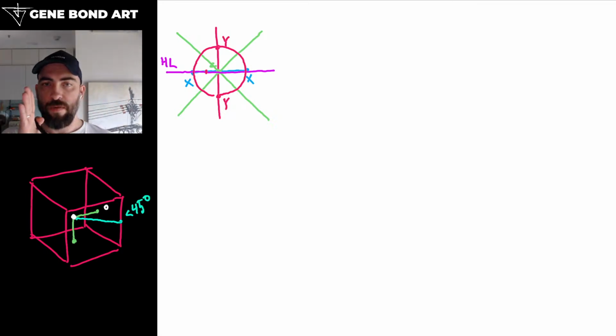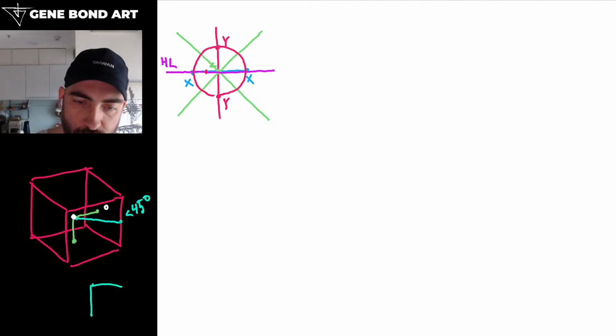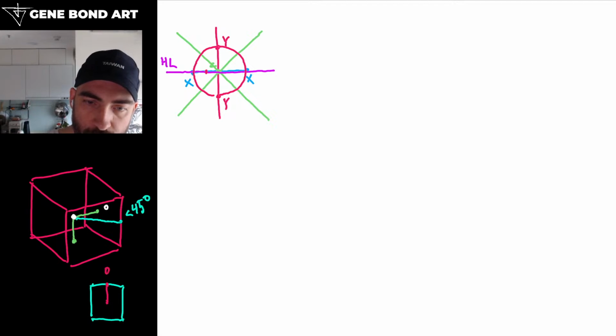If you turn your camera or your head toward this point, you will turn your head by 45 degrees to look straight at this corner. It's like if we look at the cube from the top. This is how it looks from the top, right? So here is 0, here it's 45.